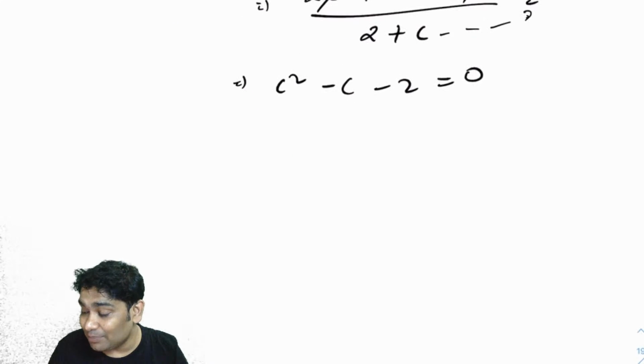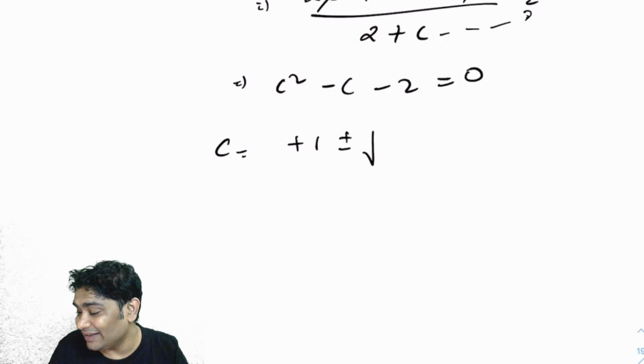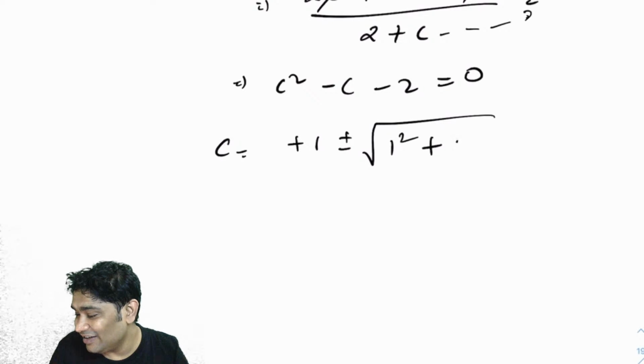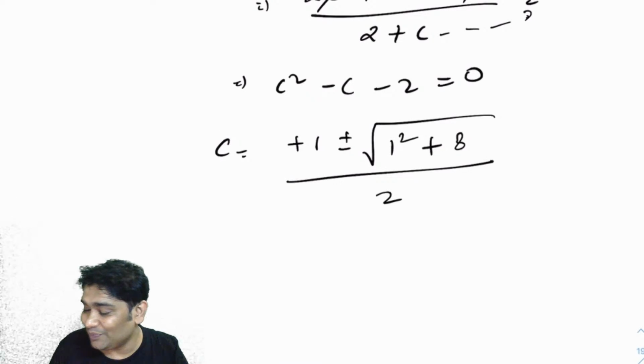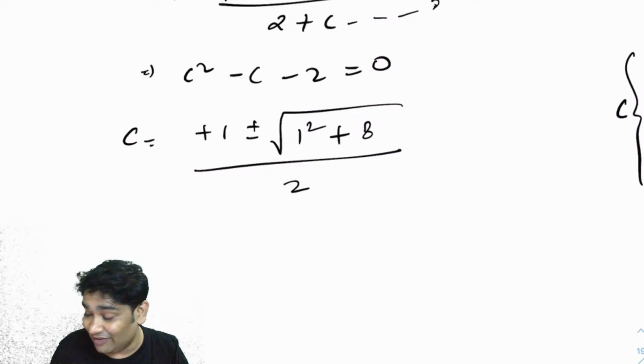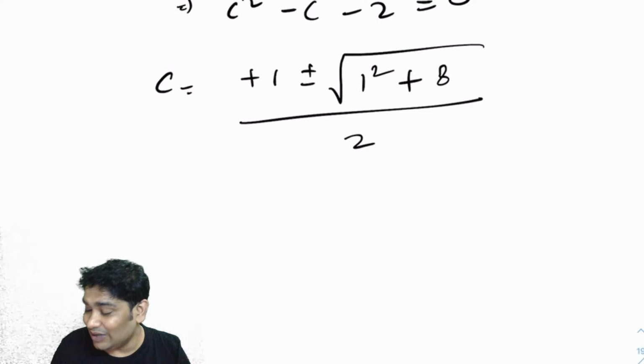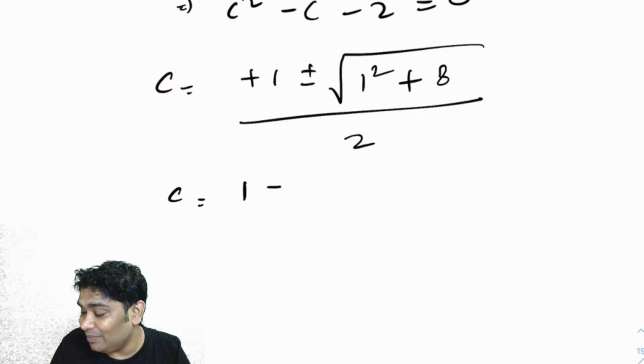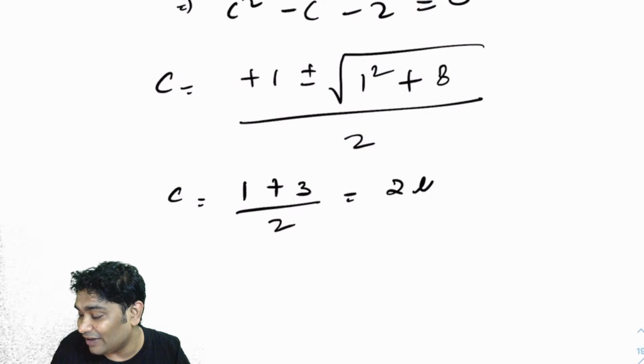Now it's very simple. C would be 1 plus minus square root of 1 plus 8, over 2. I will obviously ignore the negative because capacitances can never be negative. So I can rewrite C as 1 plus 3 by 2, that is 2 microfarad.